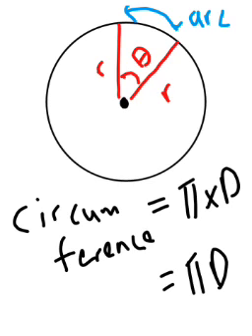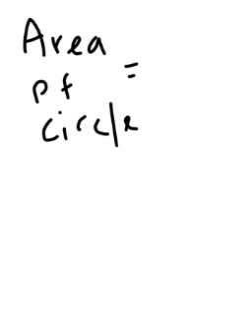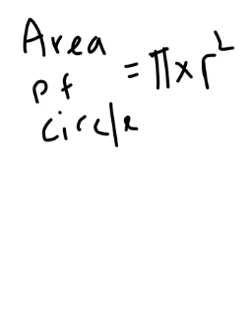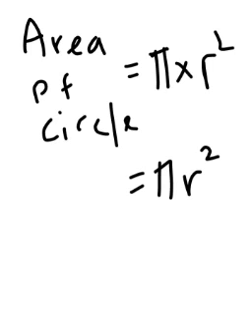Next we're going to talk about the area of a circle. The area will be pi multiplied by the square of the radius, which is pi r squared. So this is the area of a circle.